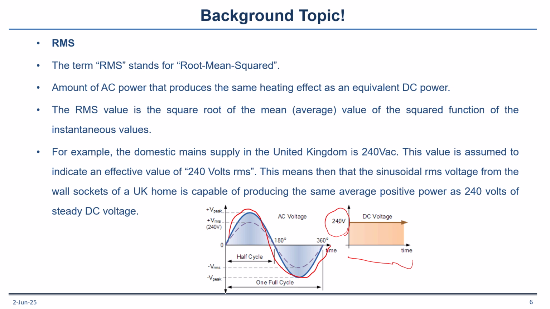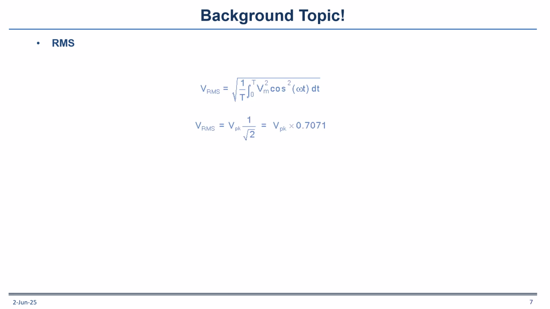So RMS says that, on average, our AC voltage or current will produce how much temperature or energy, and that is equal to which DC voltage. For example, in your home you say we have 220 volts AC, but that 220 volts is the RMS value, not the maximum or minimum value. To find the RMS value, we have this equation: just divide the peak value by the square root of 2.